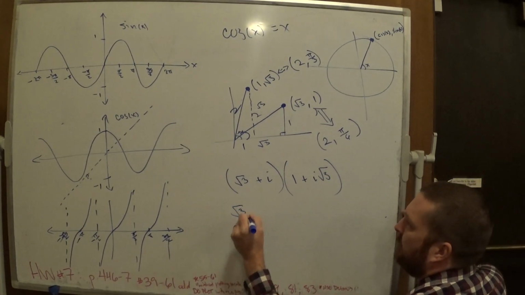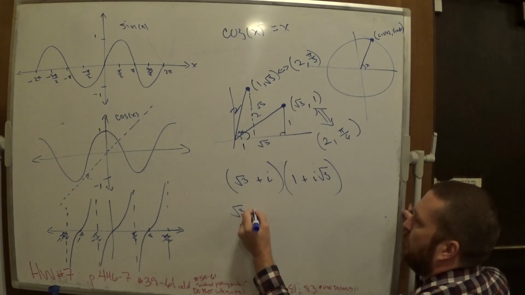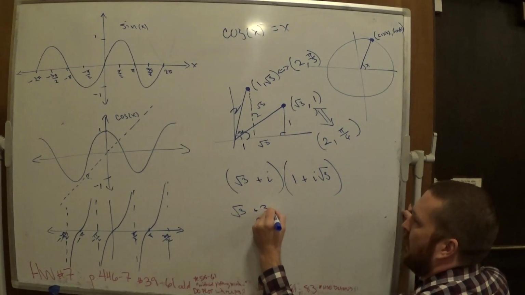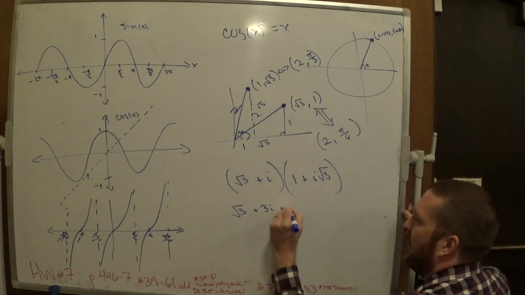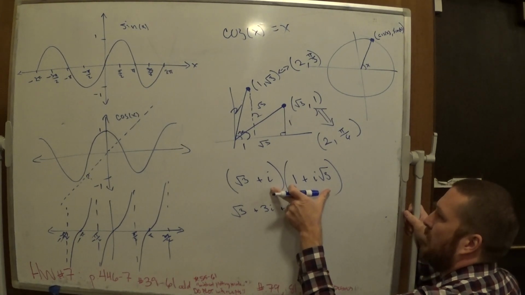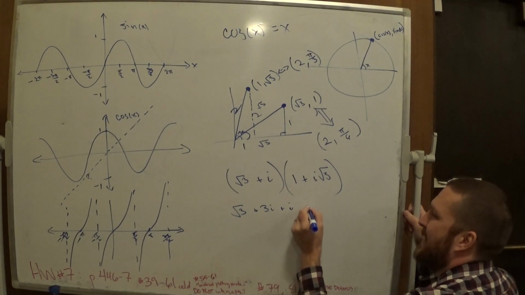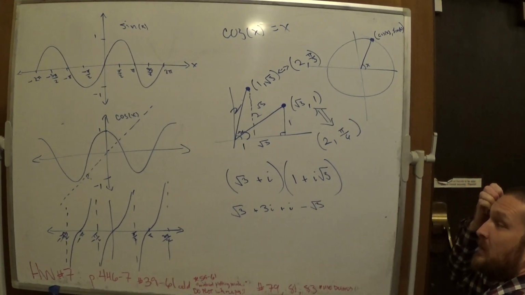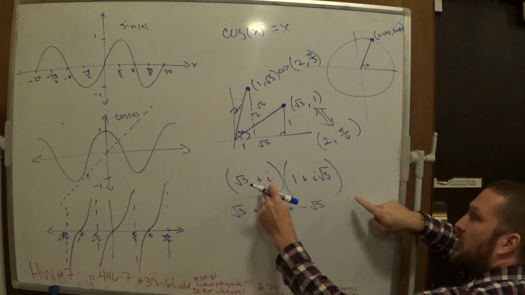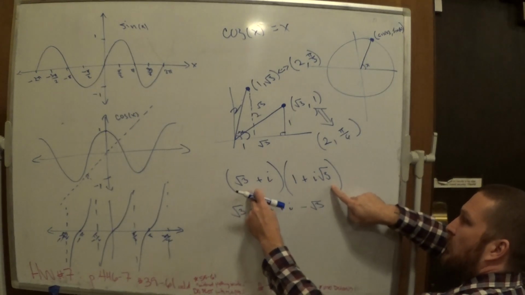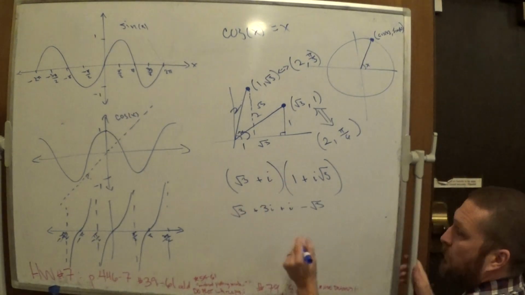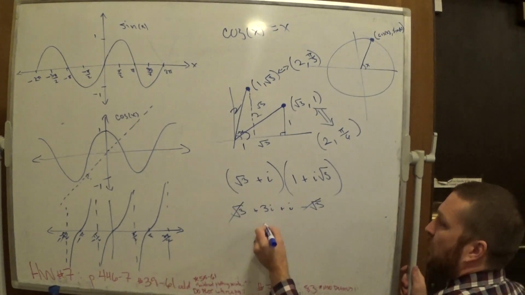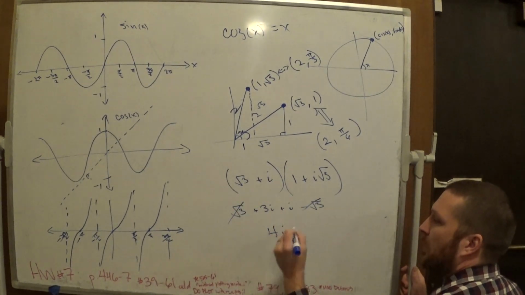We get root 3. Outer is root 3i, so plus 3i. Inner is 1i. Last is negative root 3, right? Because i squared is negative. Yeah, so the root 3's cancel. We get 3i plus i, so a total of 4i.